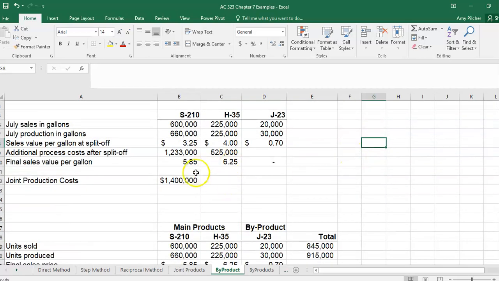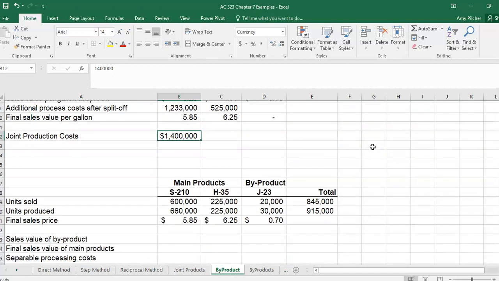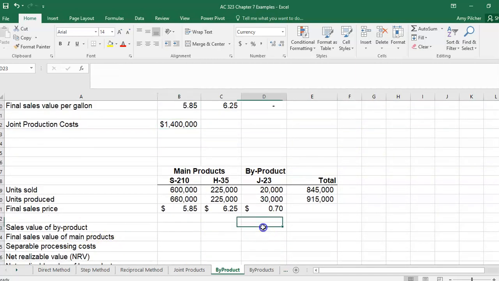So when we're looking at joint product allocation under net realizable value, we have our byproduct, which is J37. And we look at what is the sales value of our byproduct. Well, we produce 30,000 units at 70 cents per unit. So 30,000 times 70 cents gives us a sales value of $21,000.